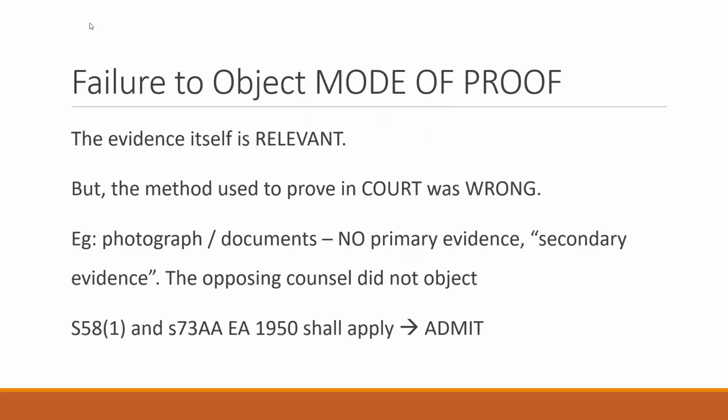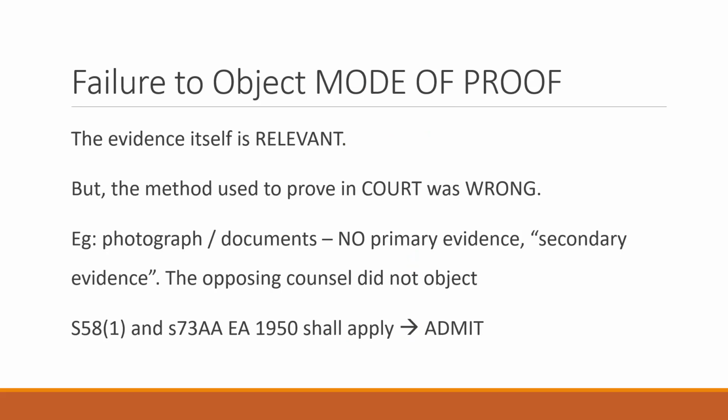Whereas failure to object to the mode of proof, the method you bring the evidence to the court. For example, instead of a primary document, I bring a photostat document. This is definitely not primary evidence, primary documents, isn't it? But the opposing counsel is playing handphone, never objects, and it is marked as an exhibit.